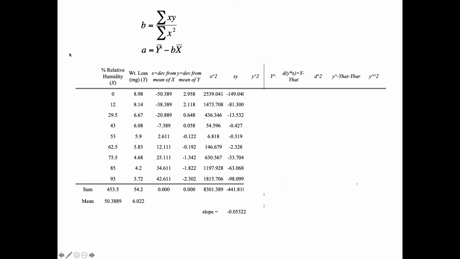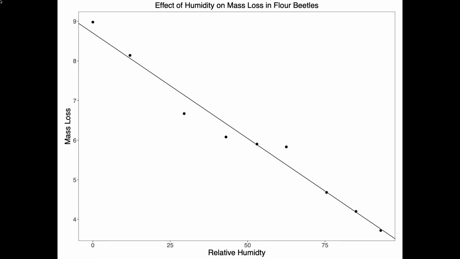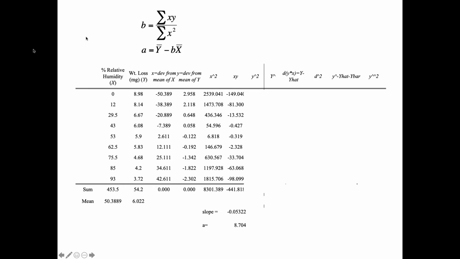So A is the y-intercept when you plug in the mean of y, the mean of x, and the slope value. And when you do this, you find that the y-intercept is 8.704. And you see from this line of best fit that I've calculated that the y-intercept is just shy of 9 up here, which would correspond to 8.704.